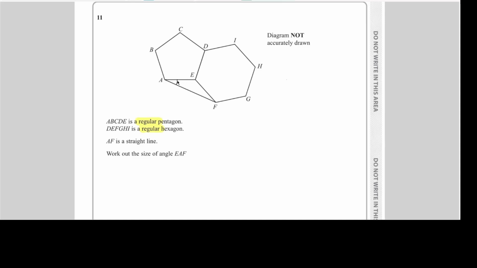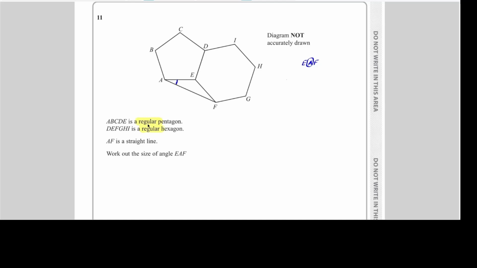EAF. This angle. Always remember, if it is EAF, this is the angle. We always use 3 letters to label the angle. So the middle one is the angle. Okay. Right, now we need to get this one. So ABCDE is a regular pentagon.